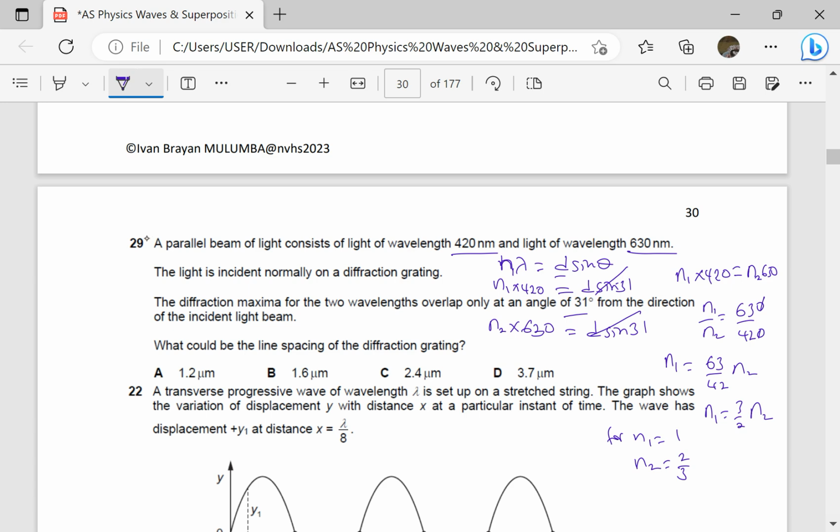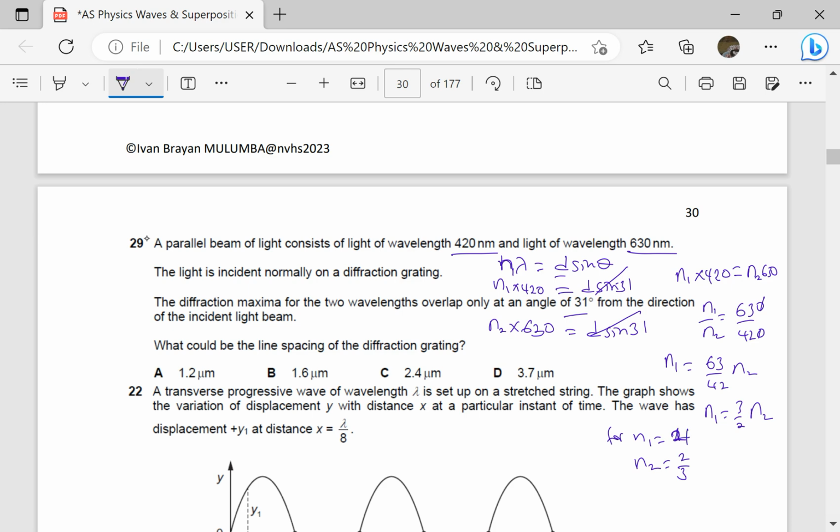That will not be possible. Let's check n1 equals 2. n2 is going to be equal to 4 over 3. That will also not be possible because it is not an integer.